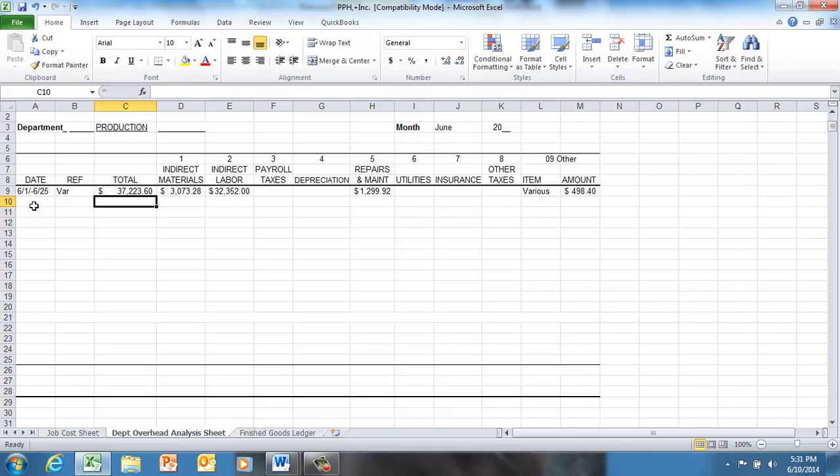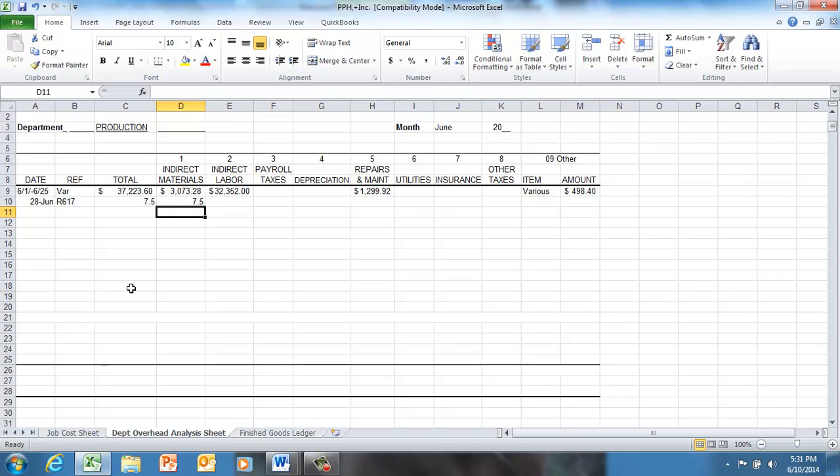And so here we have the date, which is going to be 6/28, and I'm going to arrow over, and that reference was requisition 617, and arrow over, and the total was $7.50. And now I also have to put the total into one other column, the column that matches what this kind of thing is. And this is indirect materials. Nails are indirect materials, so the $7.50 is going to go there as well.